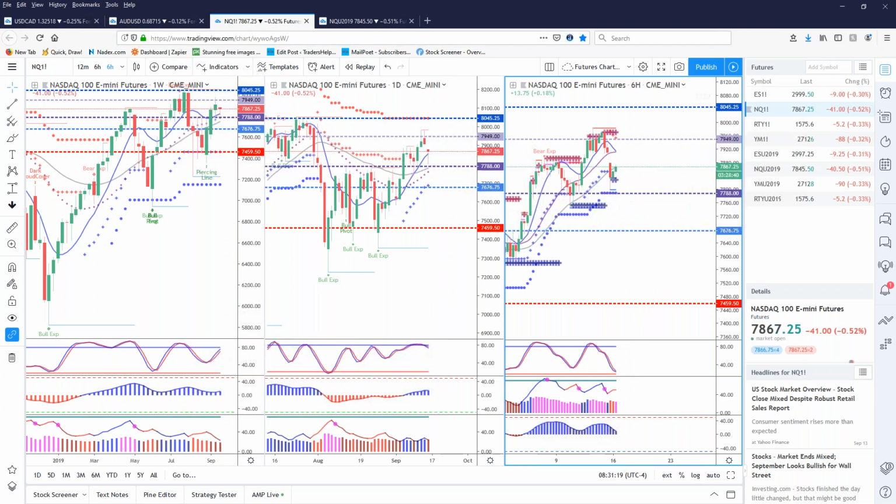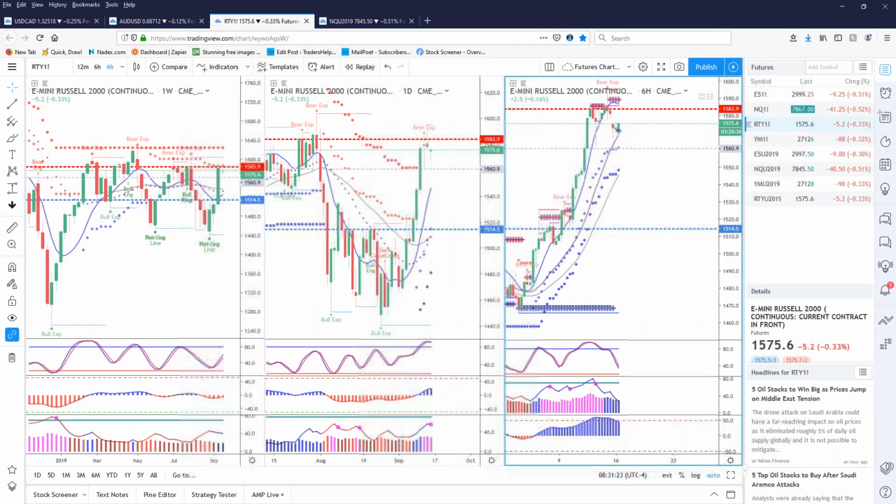Now, delete some of this off so we can actually see it. Let's go and look at the Russell. On the Russell, do you see how they're rejecting this ATR? This red line is coming off of the ATR over here, okay? Right now, the daily is showing us a potential rejection, okay?